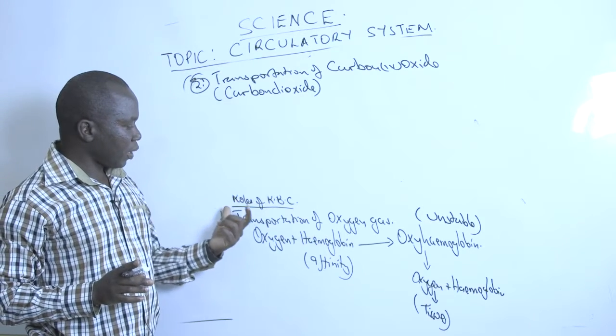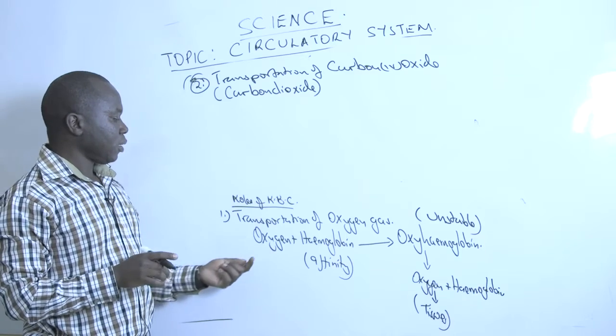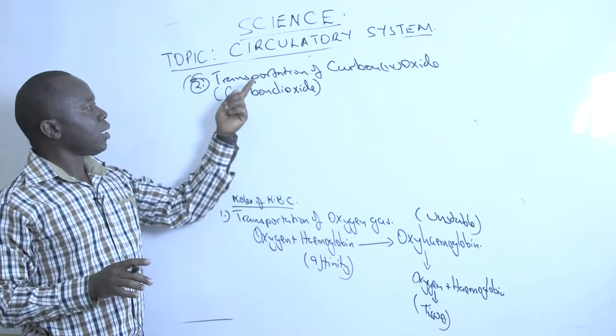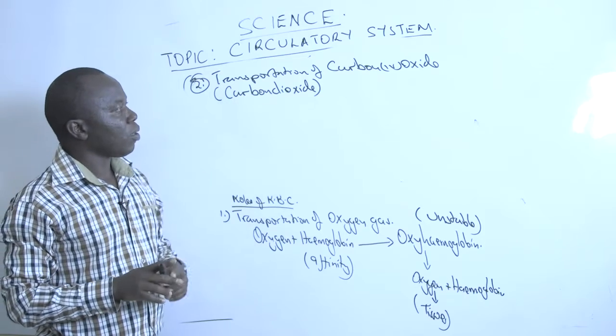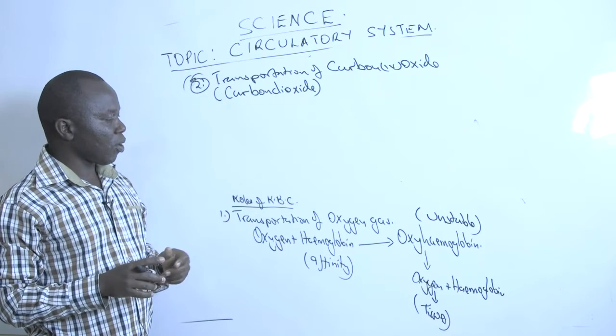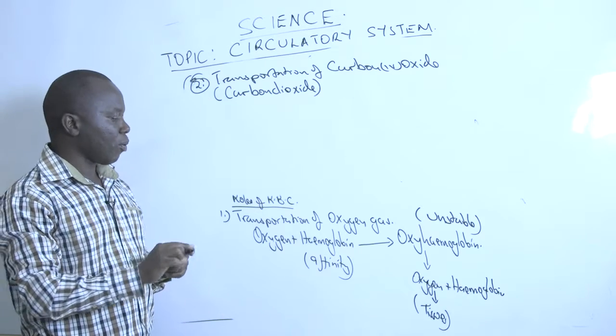So how do red blood cells accomplish this? It will do it in the same way. Because of the presence of hemoglobin in the red blood cells, it will combine with carbon dioxide, and in the process it forms a compound called carbaminohemoglobin.